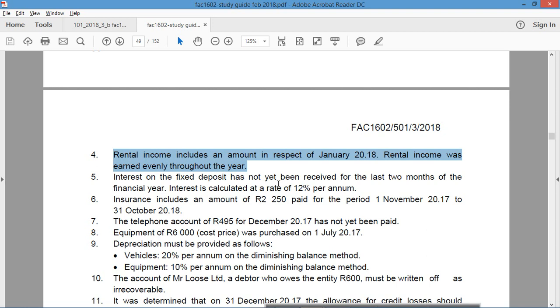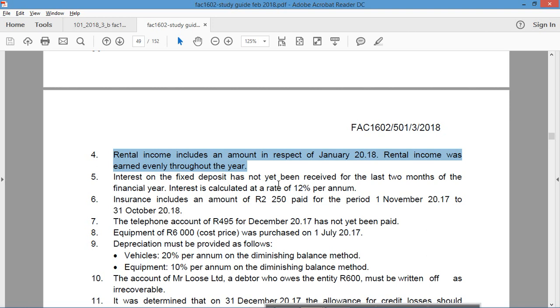You get income today, but you haven't done anything yet. So it's not accrued, it's not prepaid. It's income received in advance. Correct.